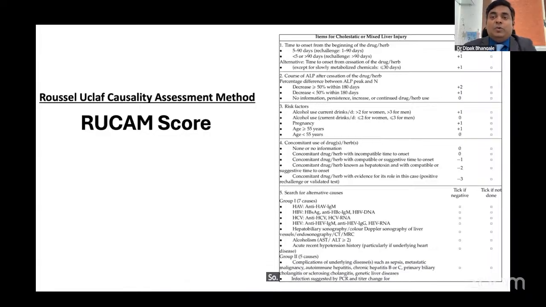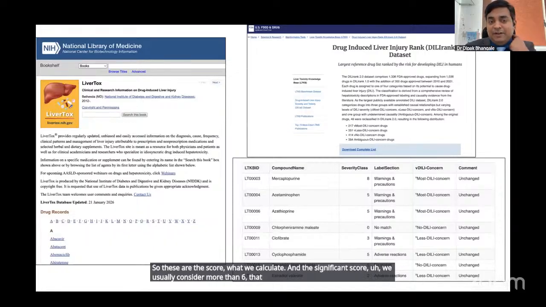These are the scores we calculate, and the significant score we usually consider is more than 6. That is a significant score in RUCAM.